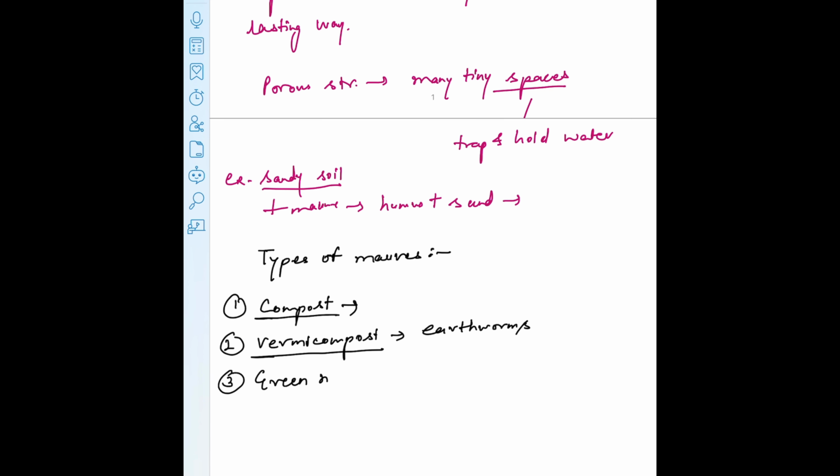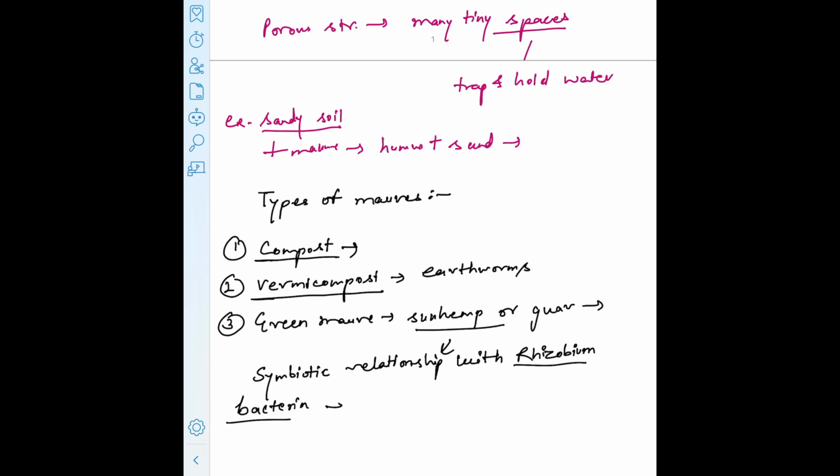The third type is green manure. Crops like sun hemp or guar are grown and ploughed back into the soil to increase fertility. When these crops are ploughed back into the soil, it gets enriched with organic matter. Plants like sun hemp also form a symbiotic relationship with rhizobium bacteria, and rhizobium bacteria help in nitrogen fixation.